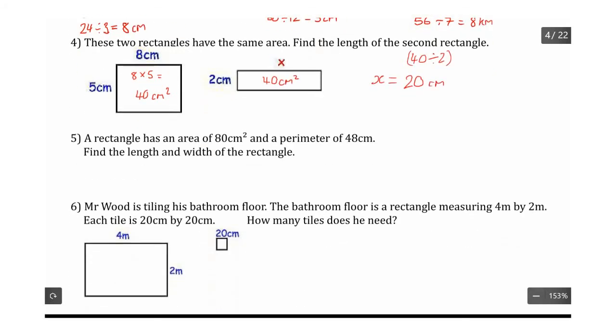Okay, question 5. A rectangle has an area of 80 square centimetres and a perimeter of 48. Find the length and the width of the rectangle. So we're looking for two numbers that times together to give 80 and add together to give half of 48.